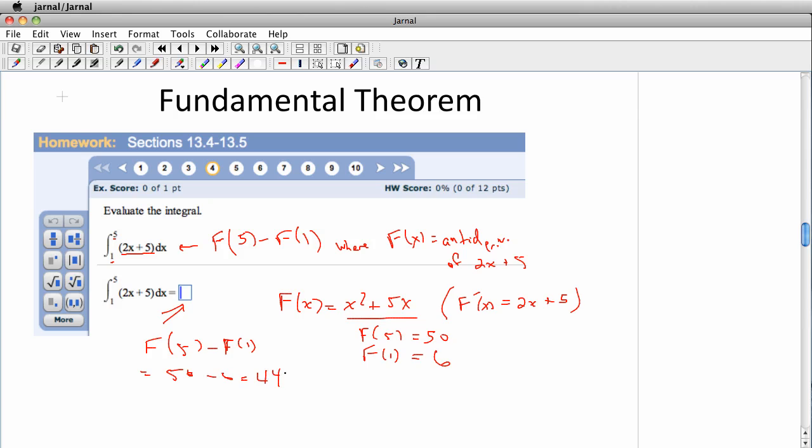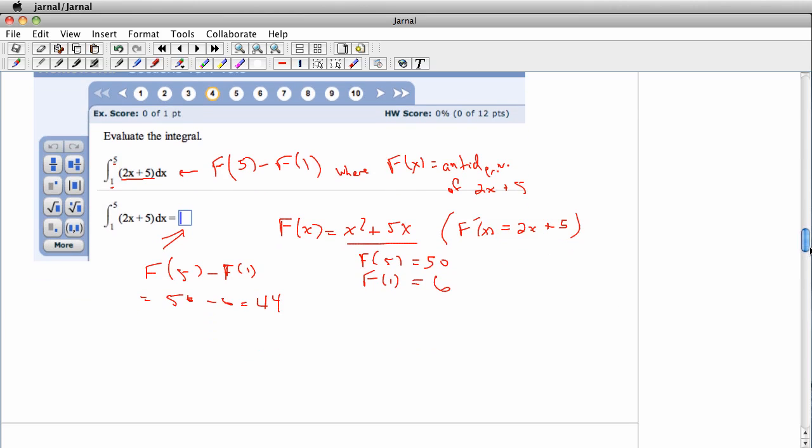Now let me just say a quick word about notation that they use in the book and that's used pretty commonly in calculus. A lot of times, to save time, people don't stop and actually write capital F equals something and then plug numbers into it. They tend to do this more on the fly without introducing the extra notation. So for example, you might see this solution in the book or online where I have the integral of 2x plus 5 from 1 to 5.